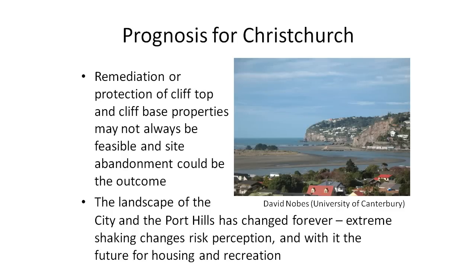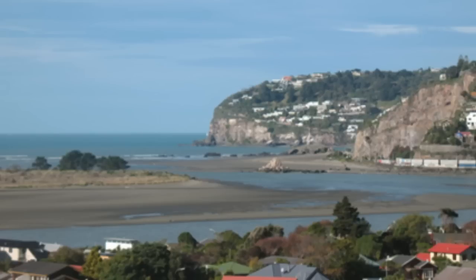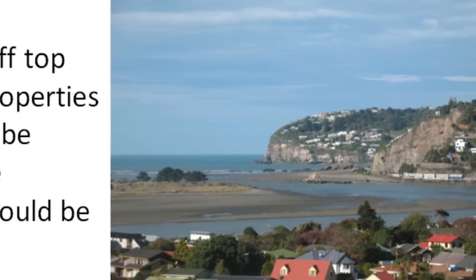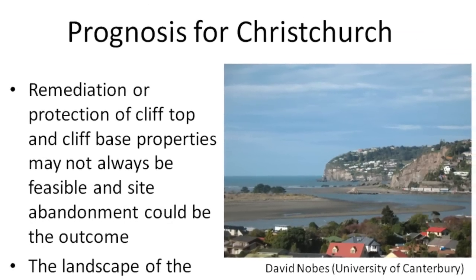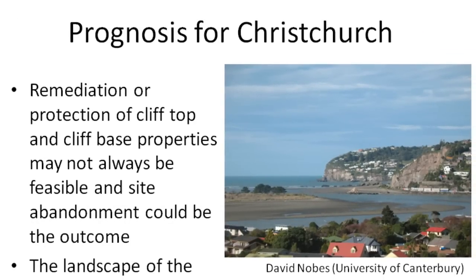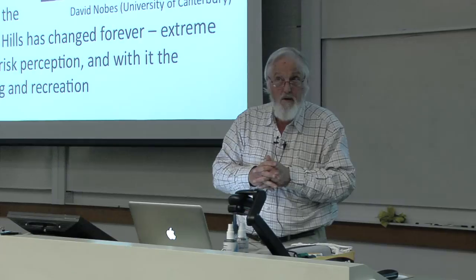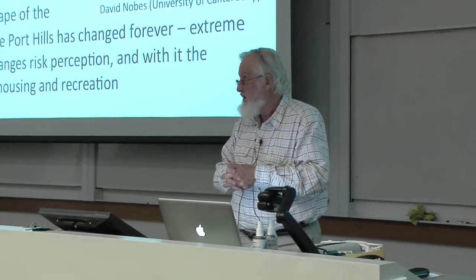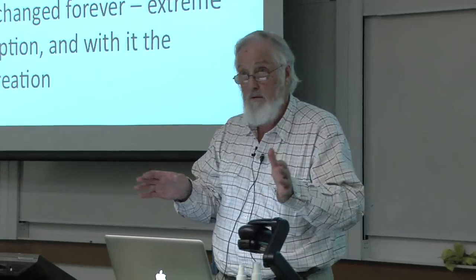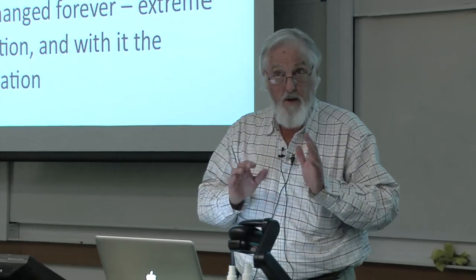So what's the prognosis for Christchurch? Well, I guess the one that really says it all is shag pile. Remediation or protection of cliff top and cliff base properties may not always be possible. Well, I've just told you it's not. We're going to lose probably 100 houses, maybe more. Not the 5,000 due to liquefaction, but at least 100.